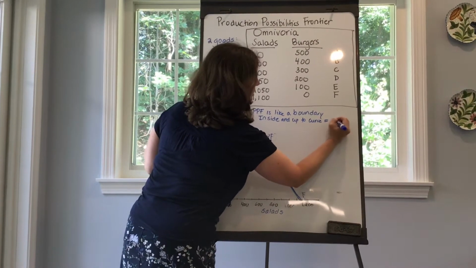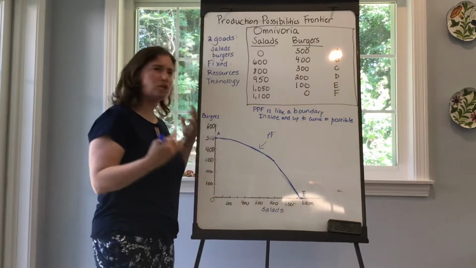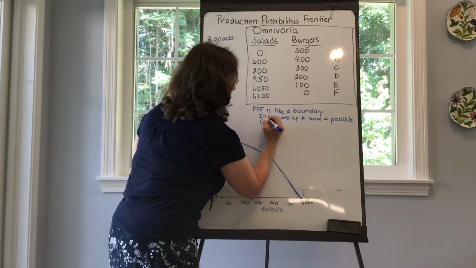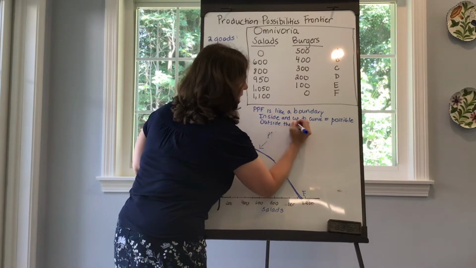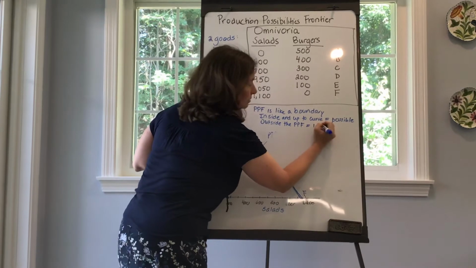Inside and up to the curve, again, tells us the production combinations that are possible. Any point outside the PPF is impossible.